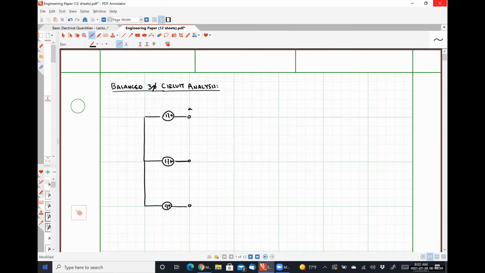And this particular circuit will utilize a neutral. Let's call these terminals a, b, c, and n, such that we have a voltage VAN, a voltage VBN, and a voltage VCN.